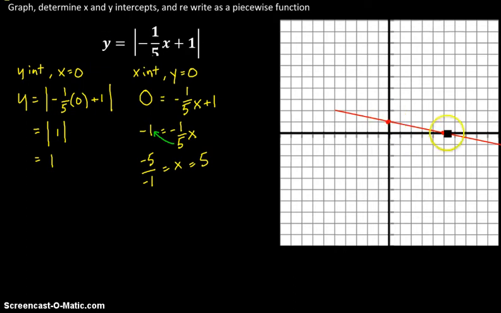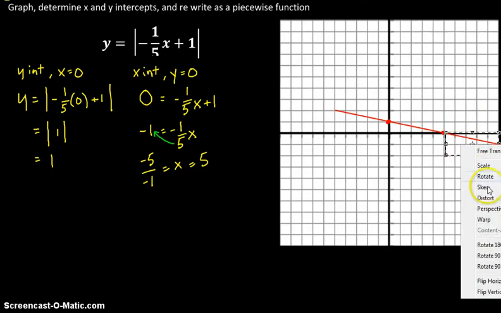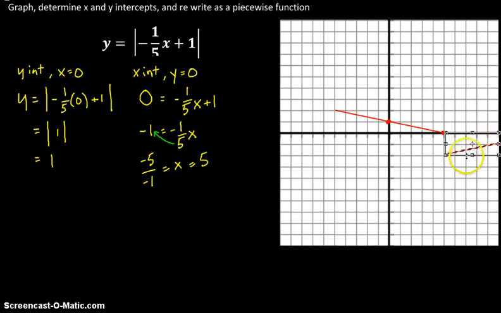So just by drawing those 2 points, it's actually good practice to find your x and y intercepts. If you can do that quickly, you can easily find with a line where you're going to flip. And I can see it right now. Here it goes. It's going to flip right there. I'll transform this. I'll flip it vertically. And I'm going to end up making this guy flip.